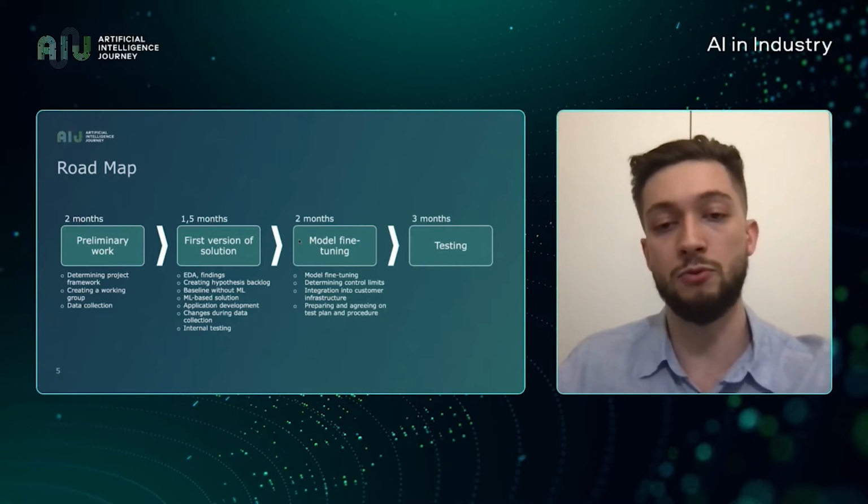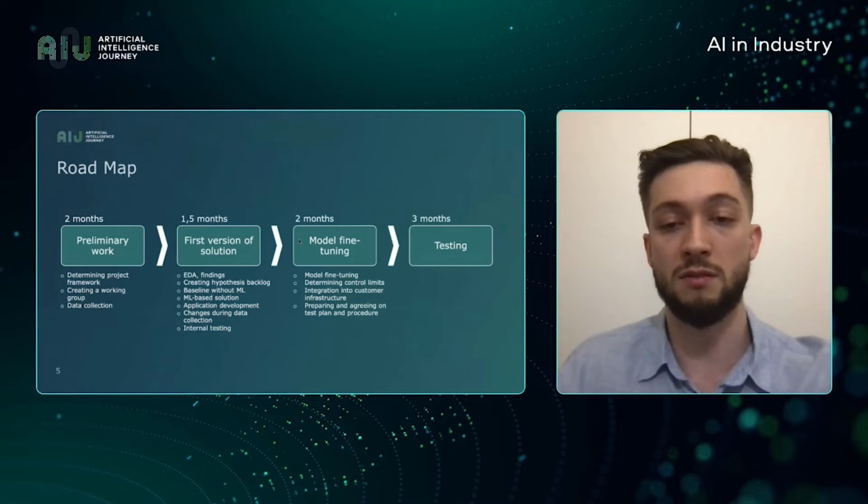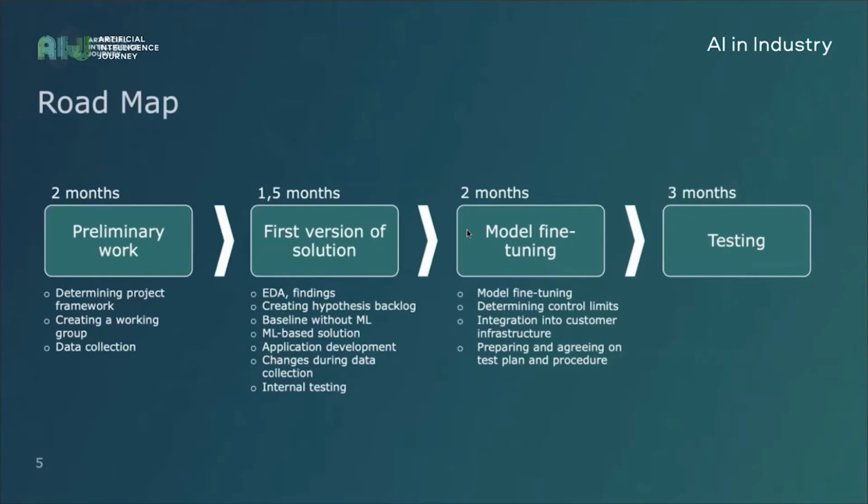The next stage is the first version of the solution. So here we start to work with data, with models. We work with machine learning models and develop the first version of the application that would later be integrated on the side of the customer.